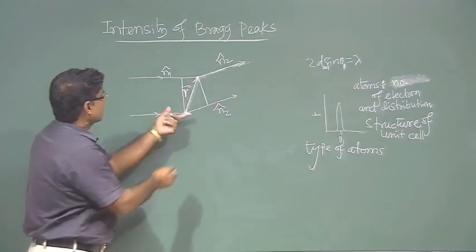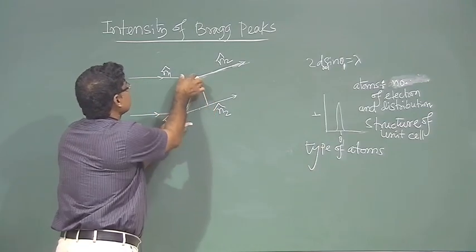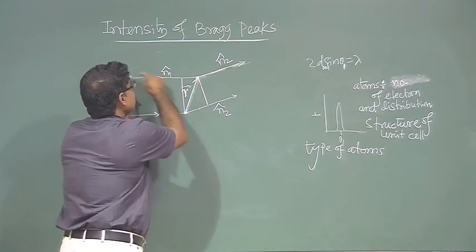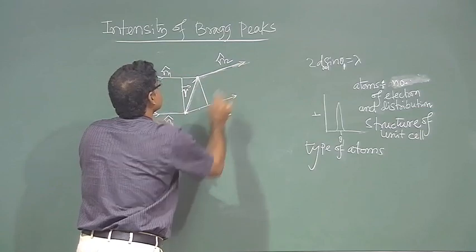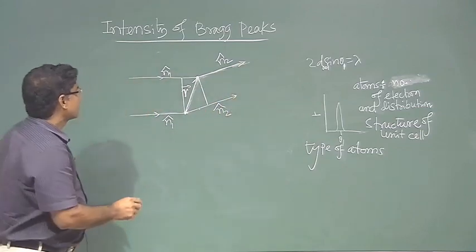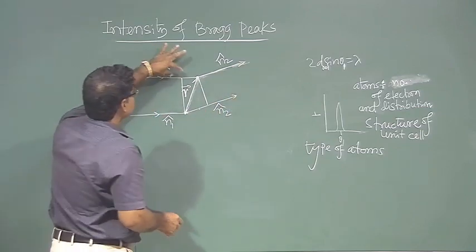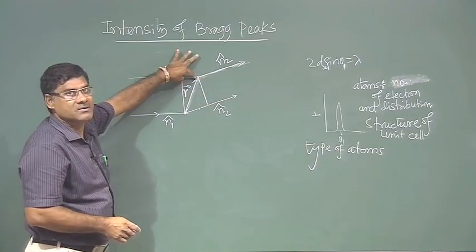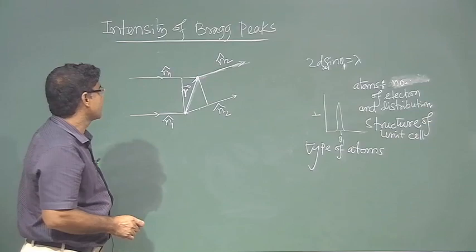Right. So, the path difference between these two rays is the extra path here and the extra path here, so the path difference will be this minus this or this minus this. So, that will be the net path difference.